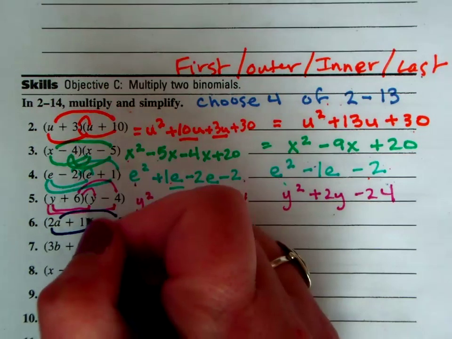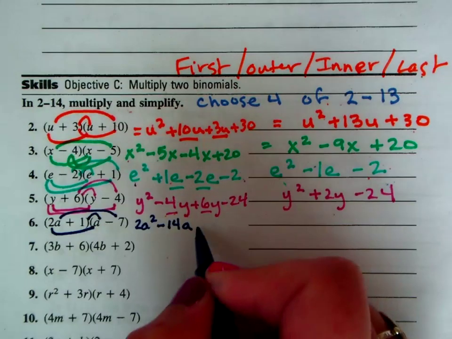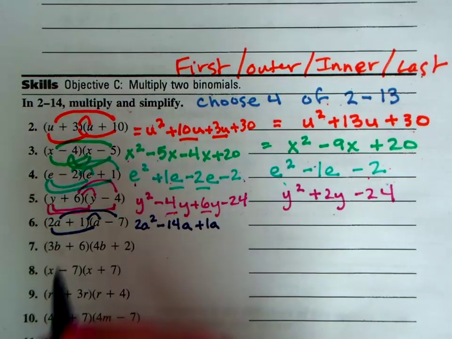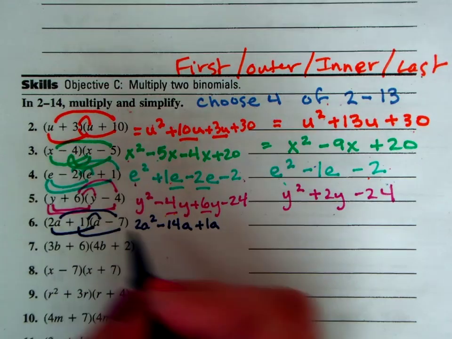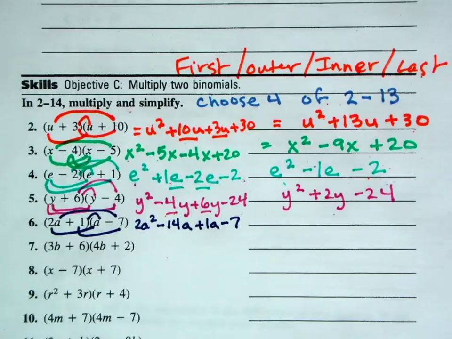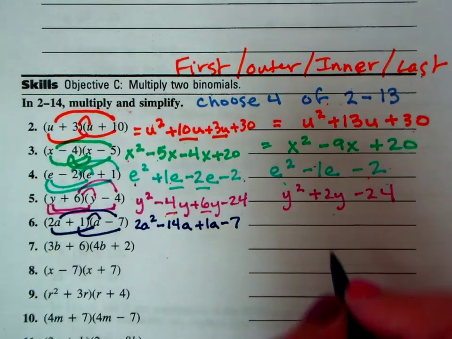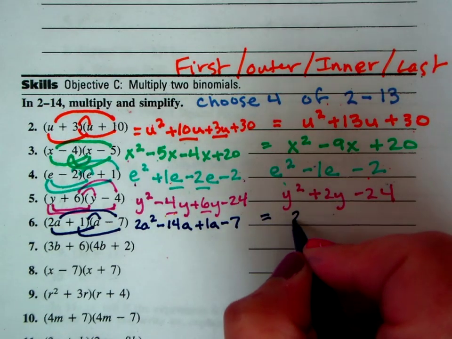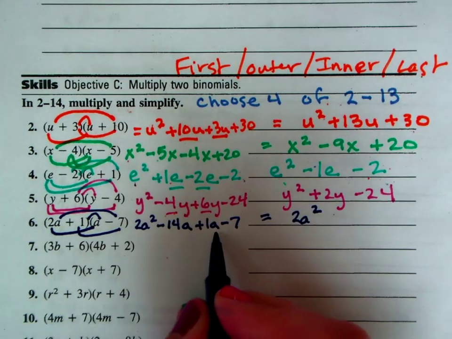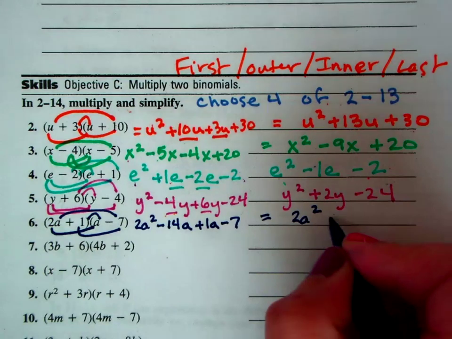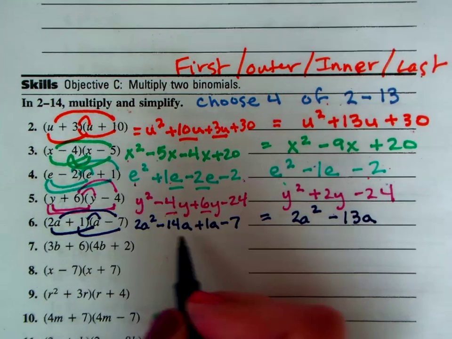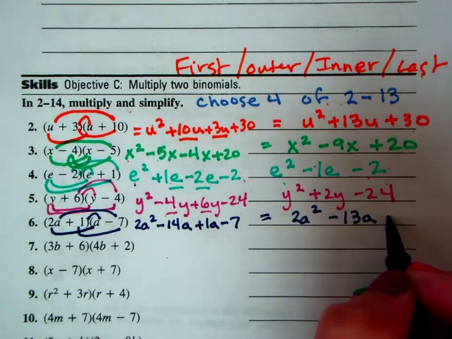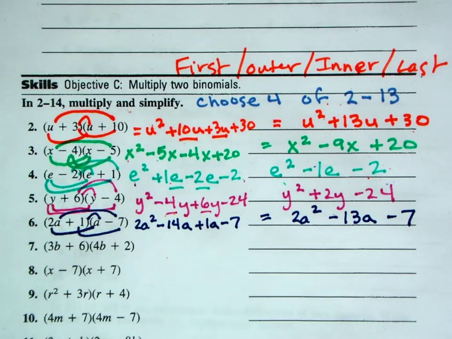Okay, and then when I do the inner, 1 times a is 1a. And then when I do the last, 1 times that negative 7 is minus 7. Okay, and I'll combine the middle two terms. So 2a squared, negative 14 plus a positive 1 is minus 13a. And then this negative 7 is all that's left. So there's my answer.